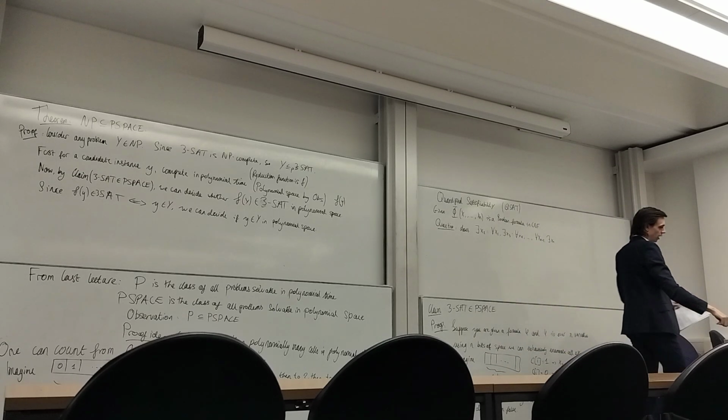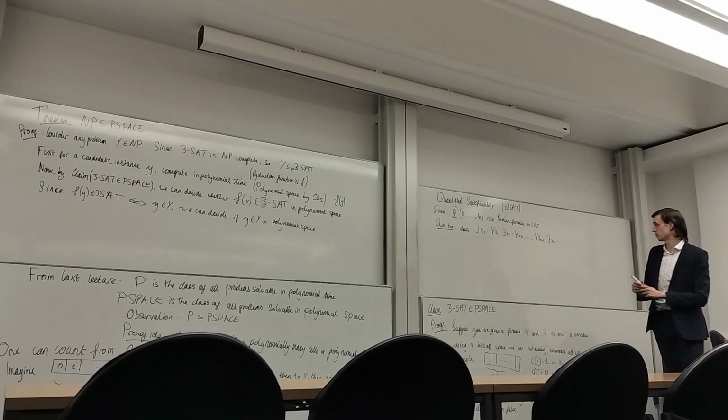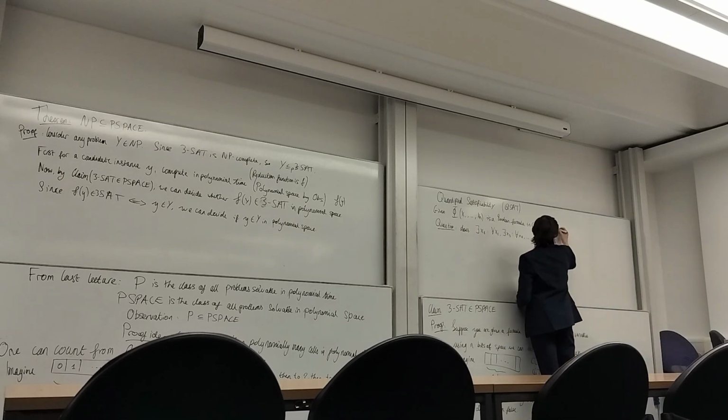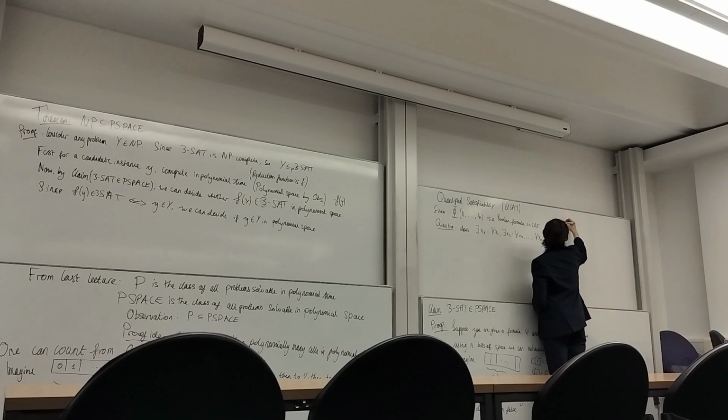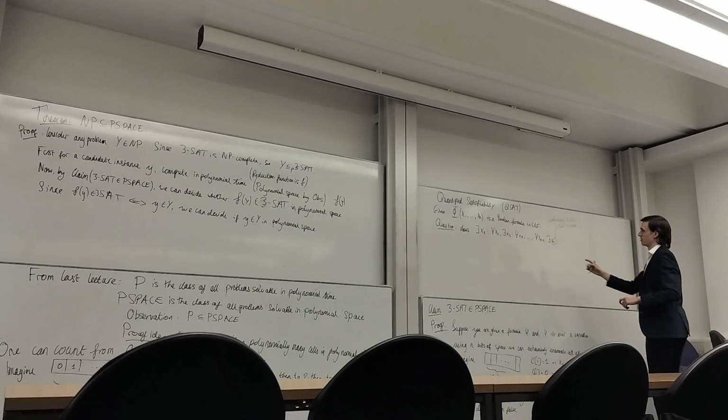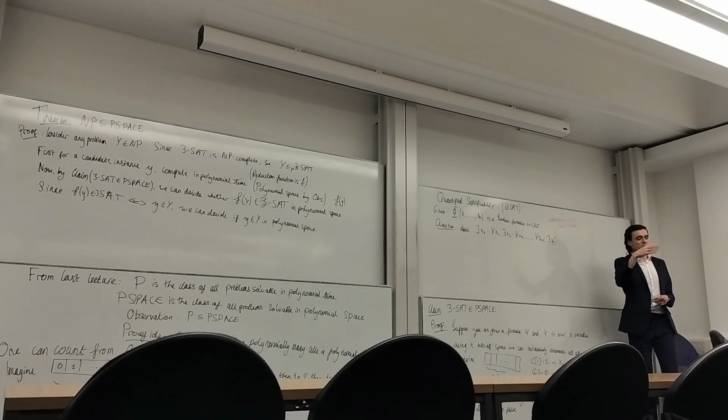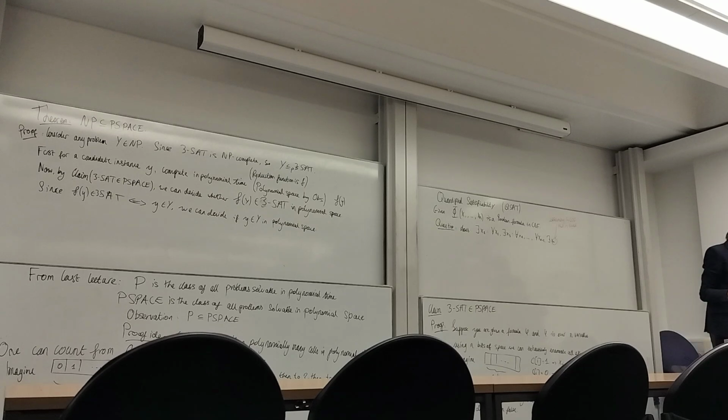Here, I'm just going to highlight that we're assuming, without loss of generality, that n is odd. If you really want n to be even, then you can have another for all, and then you can make a trivial clause for it, and you forget about it.